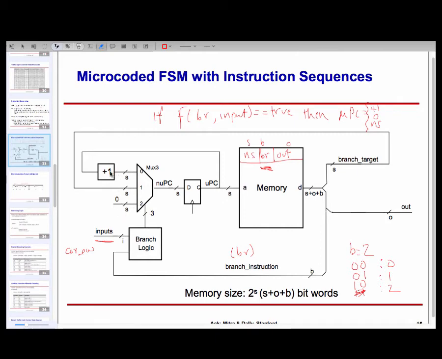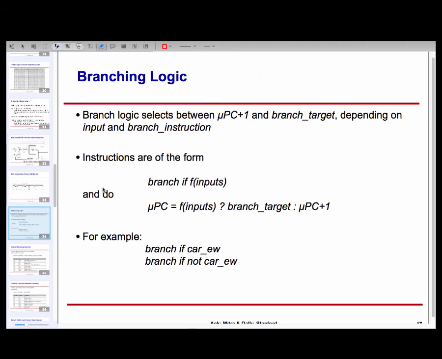I can move to the next state or I can jump to a random state. Now imagine my branch logic selects between these 2 possibilities, this and the branch target, depending upon input and branch instruction. So I have branch instruction B bits and I have I bits of input. And what my branch logic does is, depending upon the value of these 2 bits, it makes the microprogram counter either equal to branch target or equal to my current value plus 1.